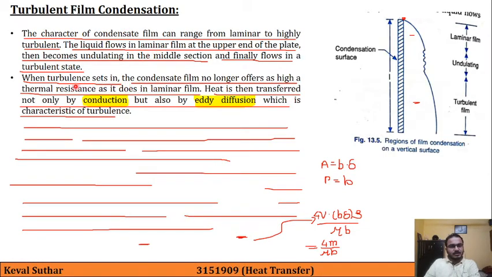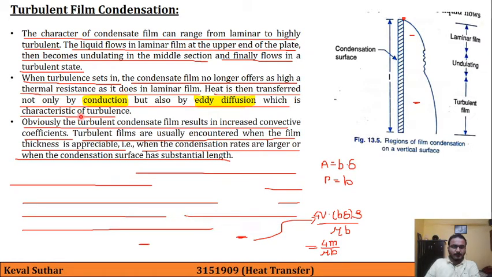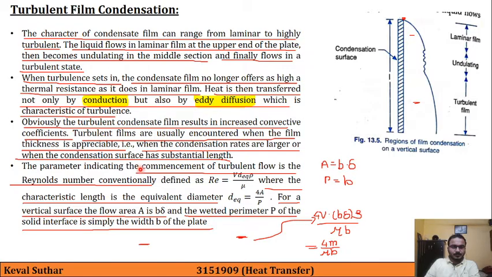And here when the turbulence sets in, the condensate film no longer offers high thermal resistance as it does in laminar film, and here heat is transferred not only by conduction but also by eddy diffusion, which is the characteristic of turbulence. And here Reynolds number comes into picture.